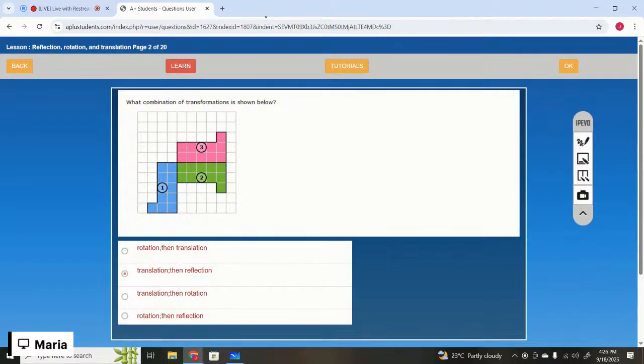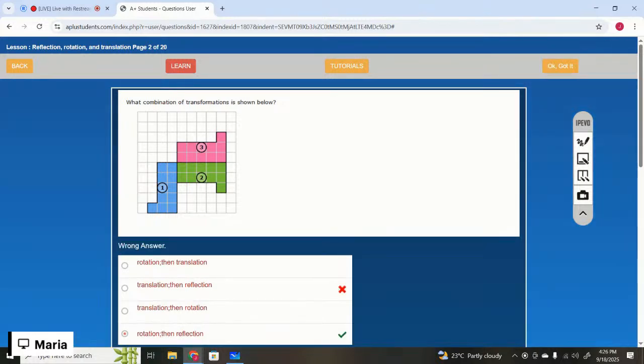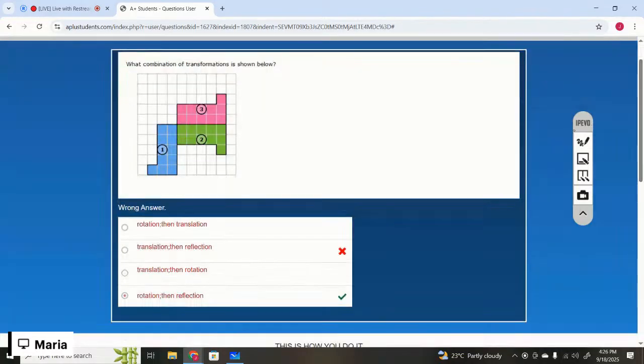And 2 to 3, that is the translation and then reflection. From 1 to 2, that is the translation and reflection. Option number 2 is the correct option. Oh, I selected the wrong option. Rotation and then translation.